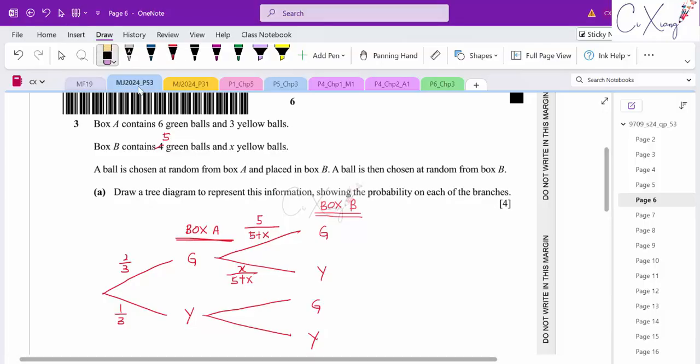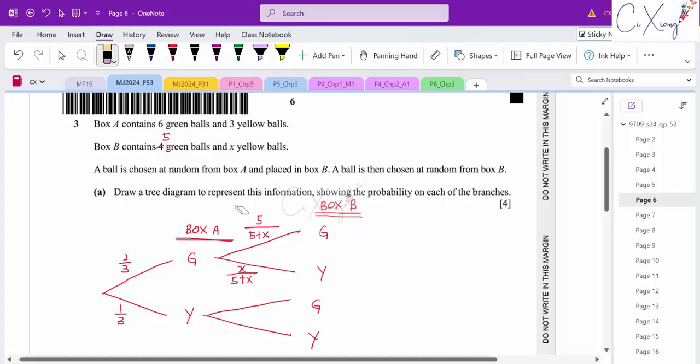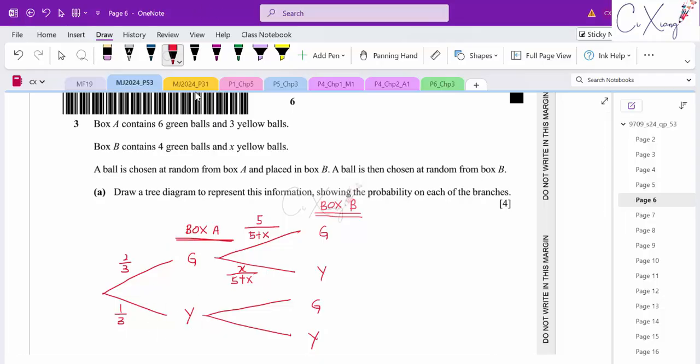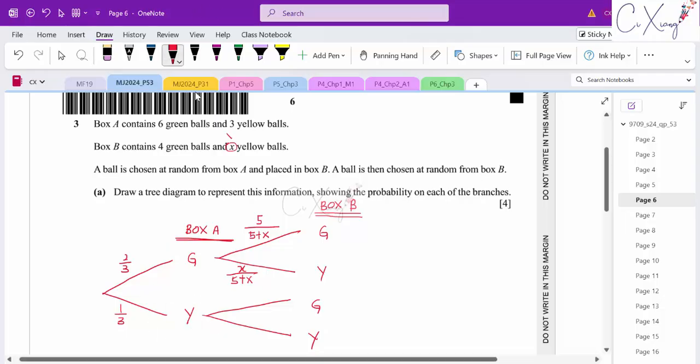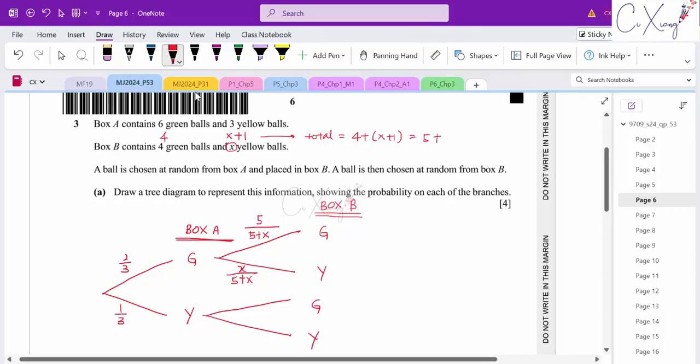So this is the first condition that we have. If the first ball that we take is green, then this is the probability for us to get a ball from box B. Now, if the first ball that we get from box A is yellow, that means I have x plus 1 yellow balls in box B. The green ball count is still 4. The total is still 4 plus x plus 1, which is 5 plus x.